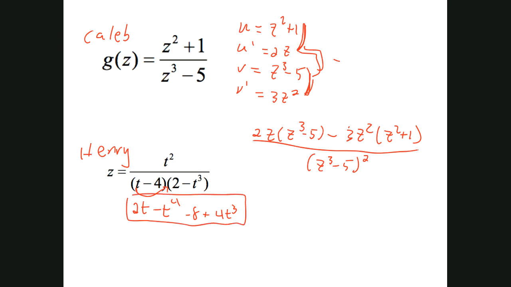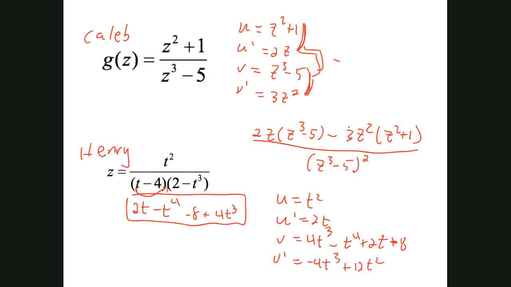So I would have ended up with u equal to t squared, u prime equal to 2t, v equal to 4t to the third plus 2t plus or minus 8, and then v prime is going to be negative 4t to the third plus 12t squared plus 2.